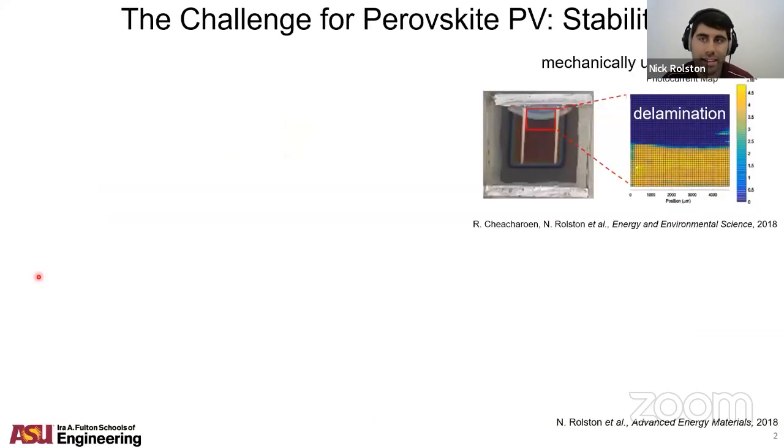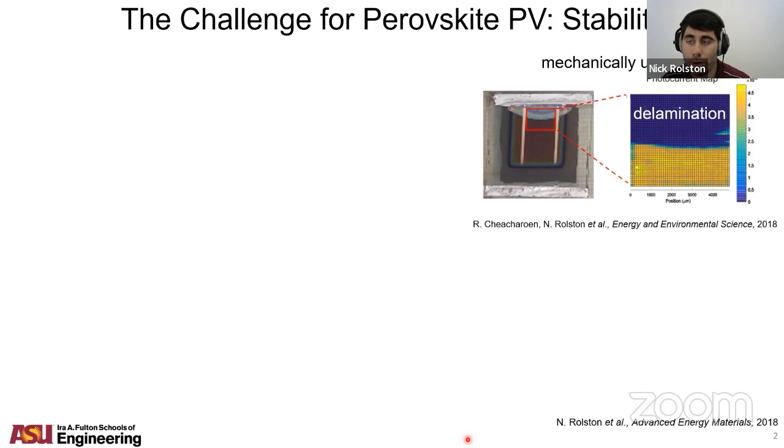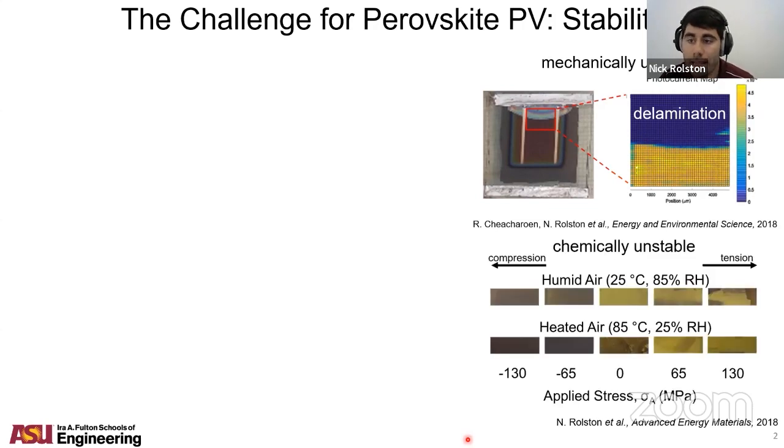And so with that, I'd like to get started and mention, first of all, the issues that we have with perovskites as a PV material, which primarily relates to the fact that they're quite unstable, both chemically and mechanically. Here you're seeing an image of some delamination occurring after thermal cycling of an encapsulated perovskite device, where it generates no photocurrent.